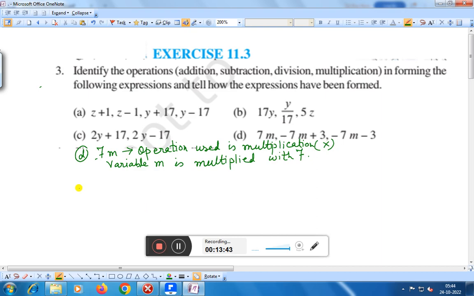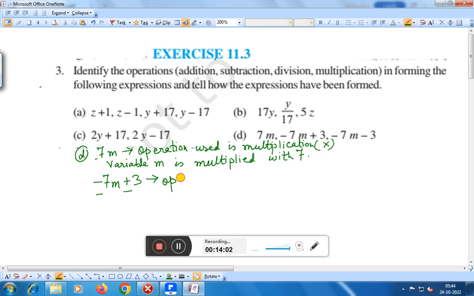Next question is minus 7m plus 3. Here you see there are two symbols, one is plus, one is minus.